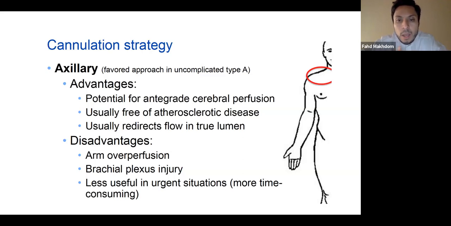Yes. And then the other option is to cannulate the arch. If the arch is free of dissection, you cannulate the ascending aorta with ultrasound guidance to the true lumen. It's a very fancy approach. I saw the discussion in the group this morning about this approach.